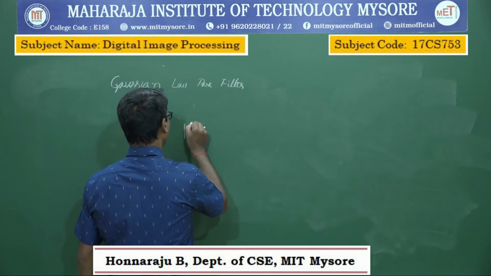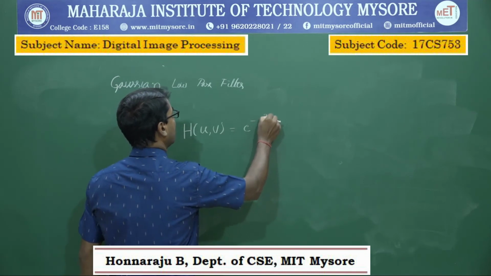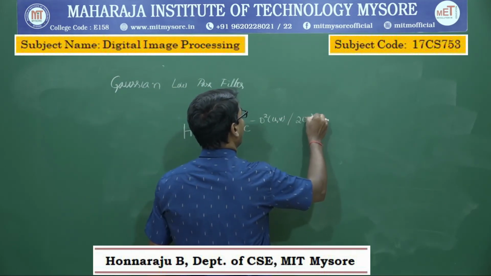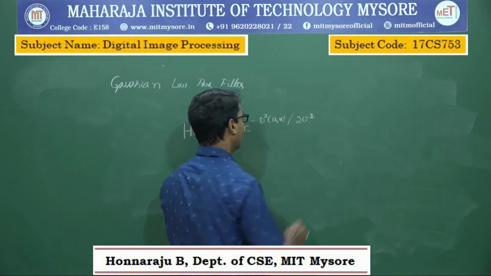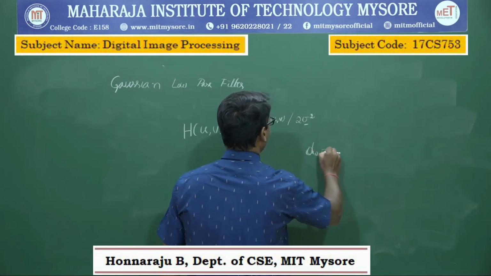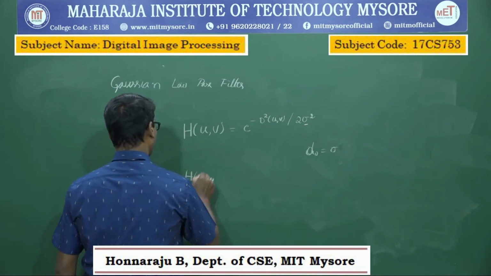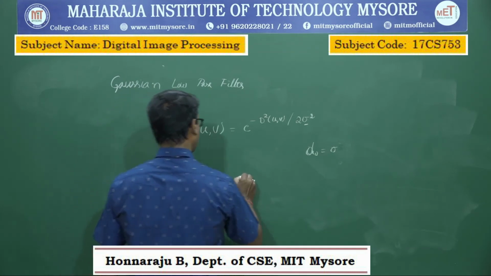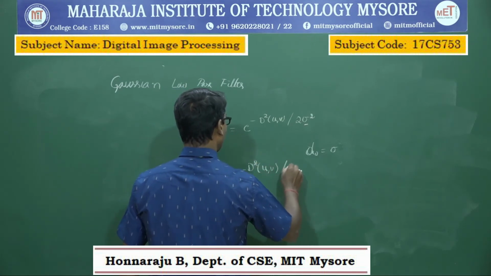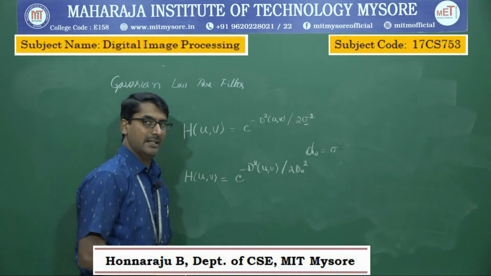In the Gaussian low pass filter, the filter function H of u comma v is equal to e to the power of minus D squared of u comma v divided by 2 sigma squared. If we consider D naught equal to sigma, then H of u comma v is represented as e to the power of minus D squared of u comma v divided by 2 D naught squared.